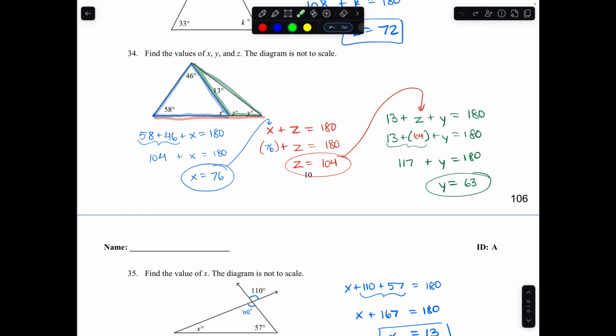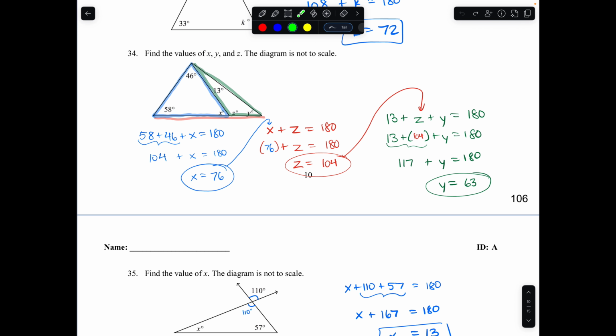So similar to the last problem, we can solve for x. We'll get that x is 76. We're actually going to find z next, because x and z make a straight angle, so they have to add up to 180. But we know x is 76, so if we subtract 76 from both sides, we'll find that z has to be 104.